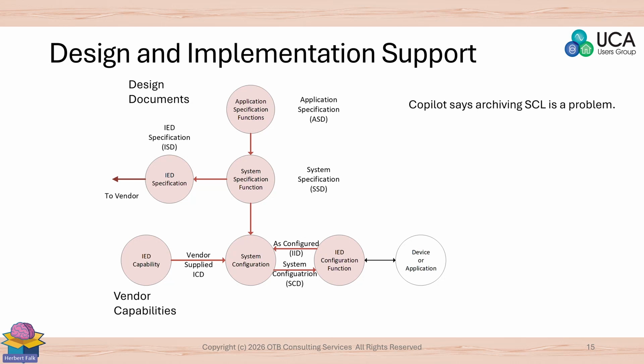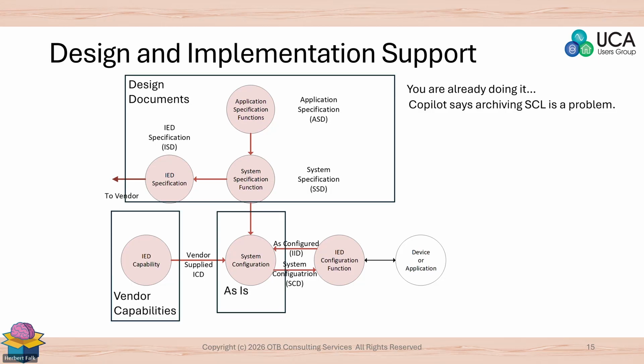Now, Copilot says archiving of SCL is a problem, but you're already doing it, right? You have many documents that specify your requirements, but they typically aren't machine processable. You have manuals that state what your vendor capability is. And the system configuration tool in the SCD is an as-built.